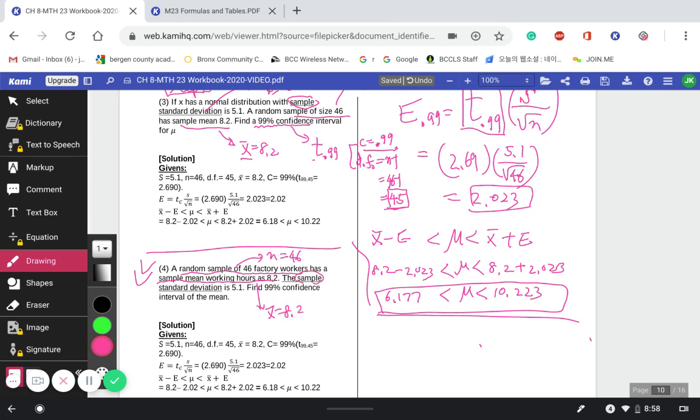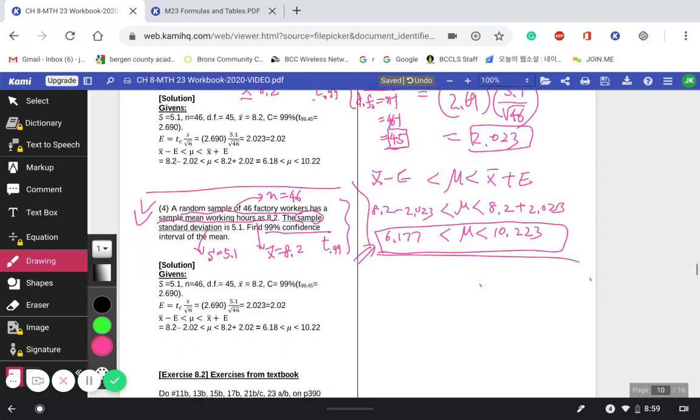Now the sample standard deviation, so they give you S equals 5.1. And they want to find the 99% confidence. So they want to find the T of 0.99. Okay. Again, this setup is the same as the previous setup. So you do exactly the same thing. You get the final answer.